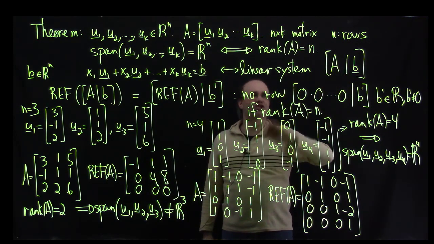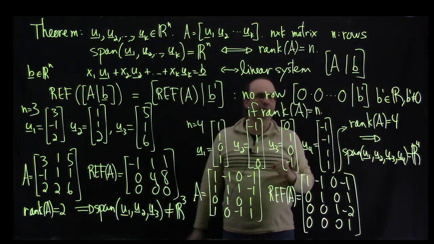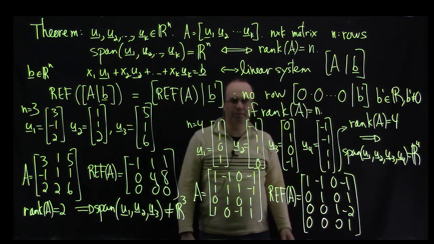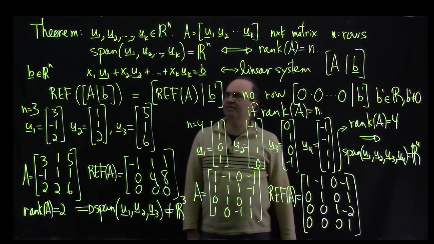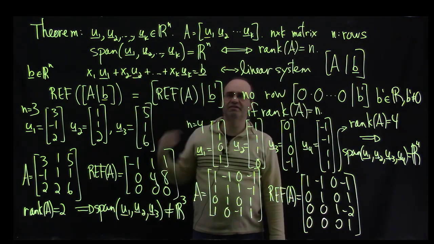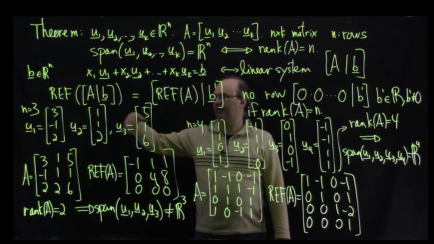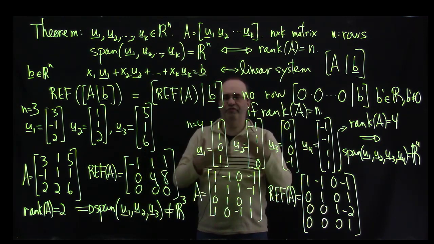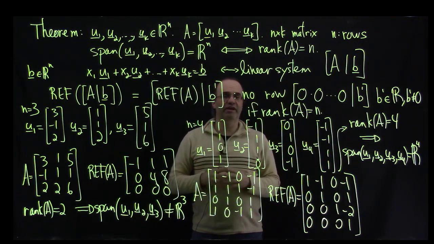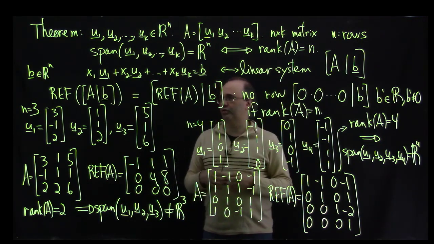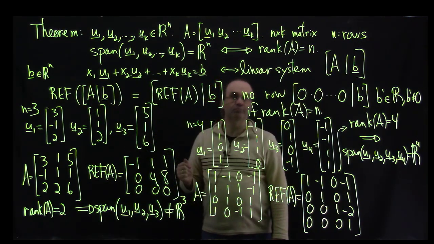The matrix of coefficients is the matrix whose columns are these vectors that we are given, and B is the column of constants. If you want to see if we can find a solution to this equation, we put this matrix in row echelon form. If we want to find a specific solution, we even want to put it in the reduced row echelon form. But here I'm only interested in whether or not there exists a solution, and for that it's enough to put this matrix in row echelon form.